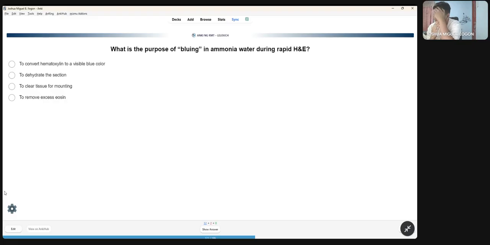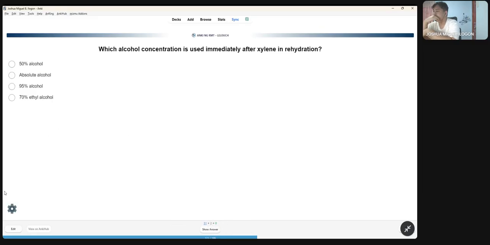What is the purpose of brewing in ammonia water during rapid leaching? Alcohol concentration is used immediately after elimination. Absolute.